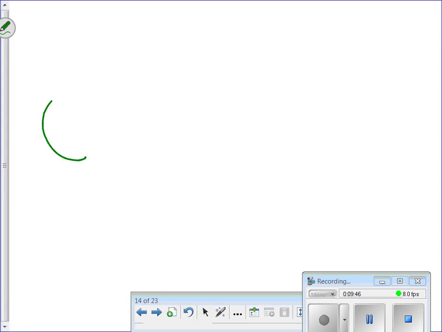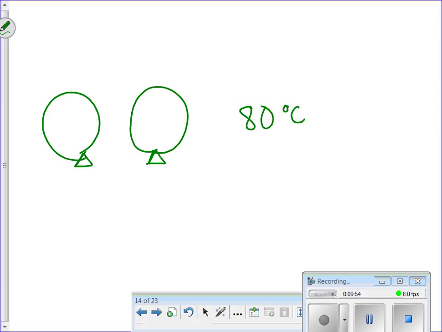If I have two balloons, and they're both at 80 degrees Celsius, one balloon contains hydrogen gas. The other balloon contains carbon dioxide gas. Both of these balloons are at the same temperature, so they have the same kinetic energy.